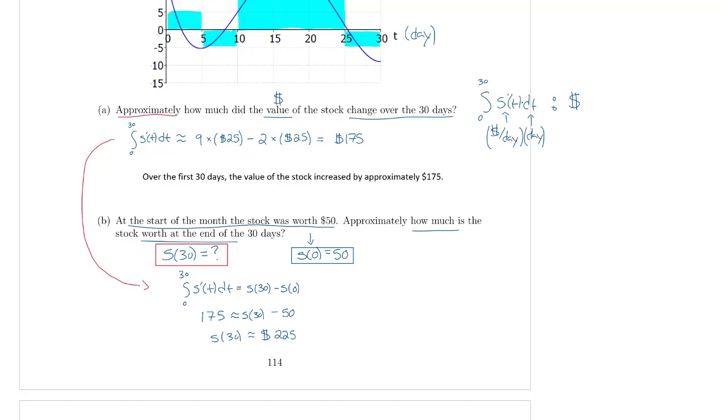So in this case, S of 30 equals 175 plus 50, and I'm going to change this to approximately since that was our approximate left-hand side solution. So we should get approximately $225. So, actually this is not an increase, this is the value of the stock: approximately $225 at the end of the 30 days, because S gives you the value, the integral of S prime gives you the change in value. Okay?